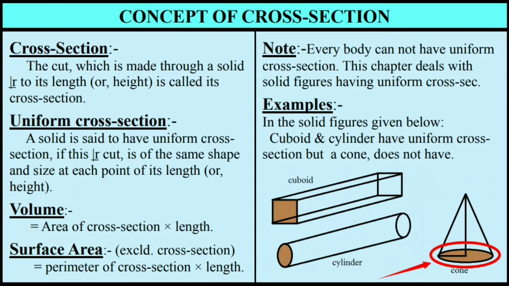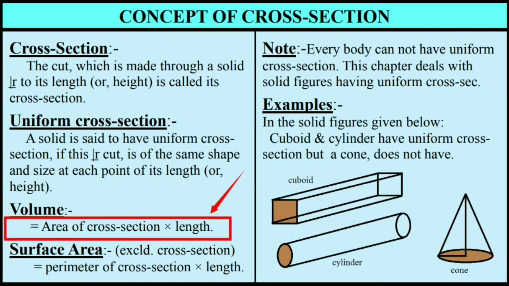Parallel to that circular base, or we say perpendicular to the height of the cone, if we cut many slices, then we'll get circles of different radius. So this cross section is not uniform, or here in this case we say that there is no uniform cross section available in a cone. Next term is volume.